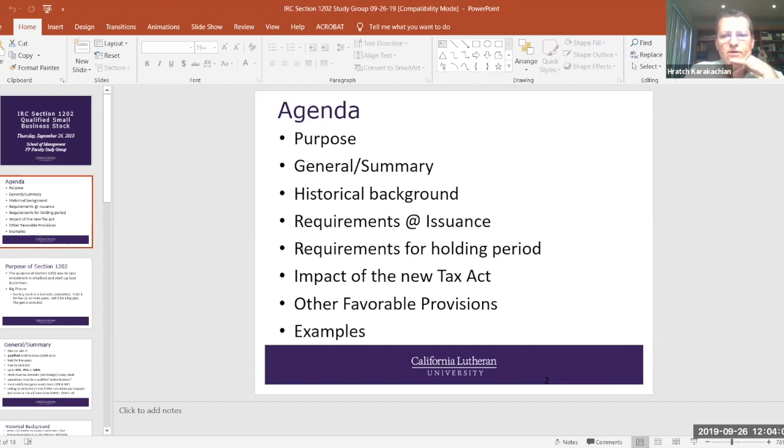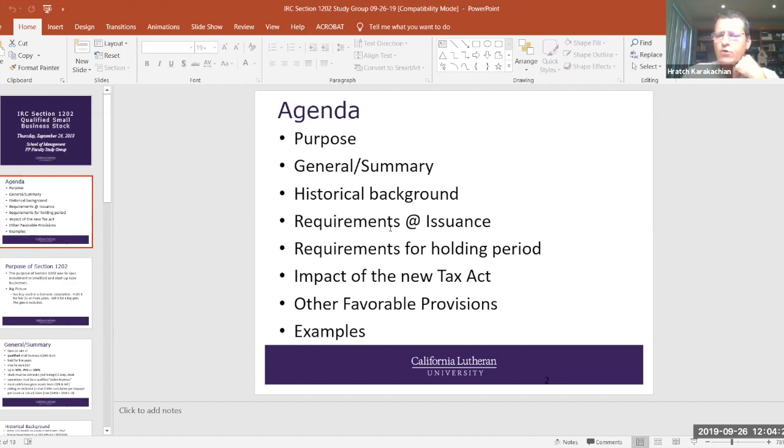So the agenda here, I have the purpose, I have some general summary points, historical background of how this Section 1202 benefit came about, the requirements that would allow taxpayers to get this benefit, and it is a huge benefit to taxpayers.